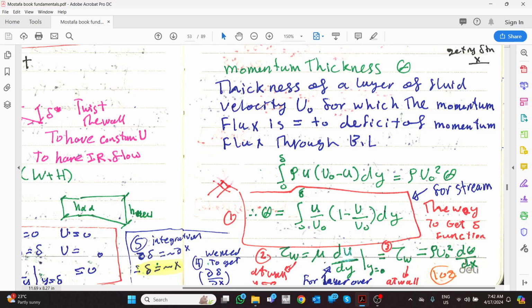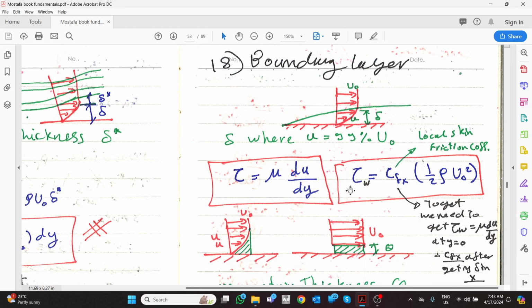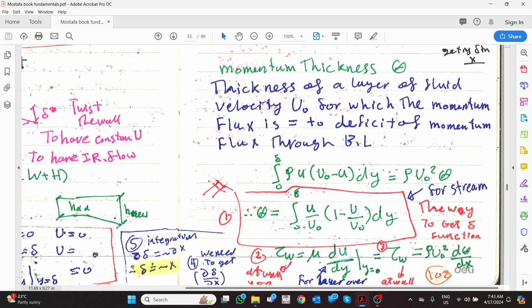This term is the derivative of this term in x. Then you can manipulate it to get del delta by del x. When you have del delta by del x, you can integrate, so you can get delta as a function of x. When you have delta as a function of x, you can get the cfx. Okay, this is always the standard procedure.